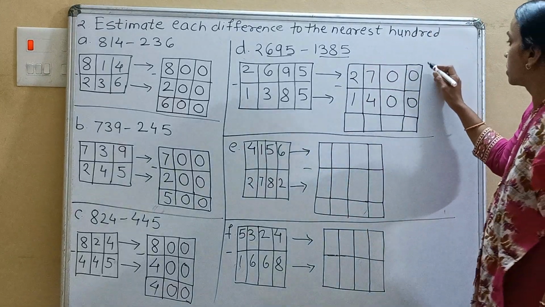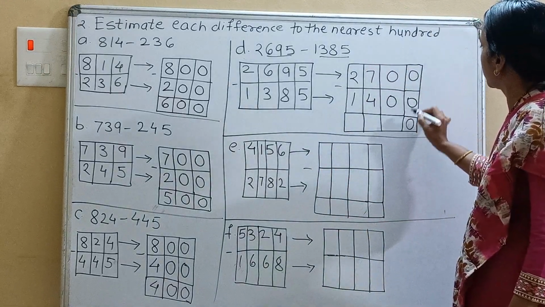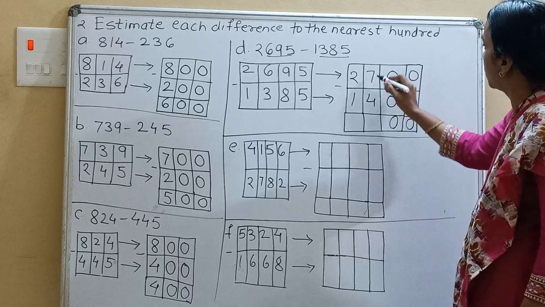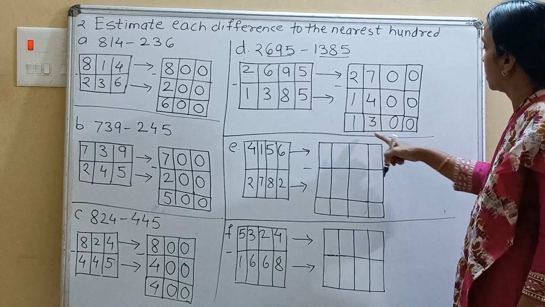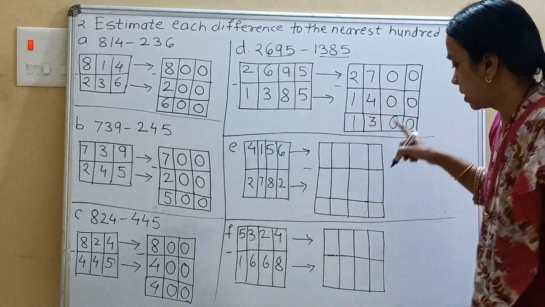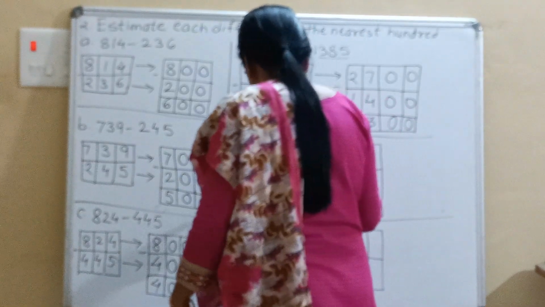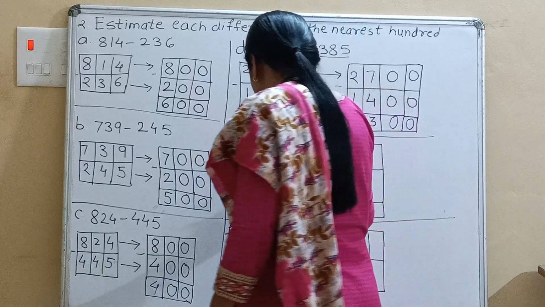Okay, so subtract this. 0 minus 0, 0, 0 minus 0, 0, 7 minus 4, 3, 2 minus 1, 1. So what is our answer? 1300. Okay, now see E question.